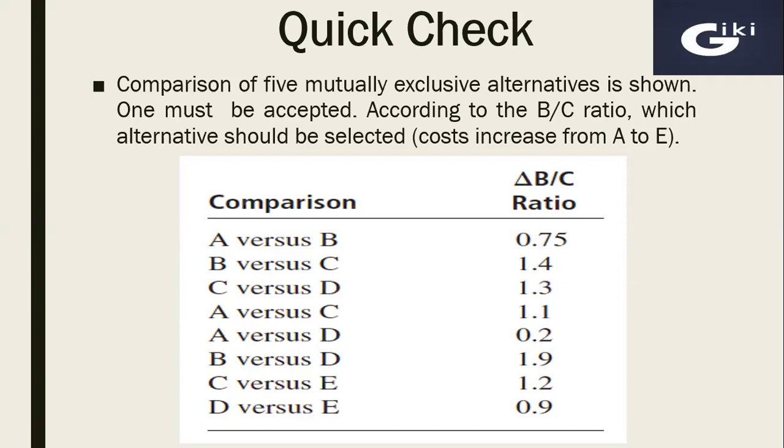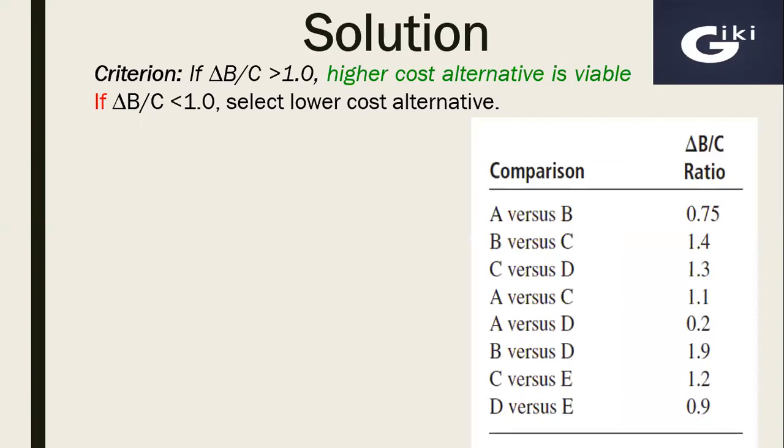A versus B 0.75, B versus C 1.4, C versus D 1.3, A versus C 1.1, A versus D 0.2, B versus D 1.9, C versus E 1.2, and D versus E 0.9. Now we need to remember the selection criterion first.